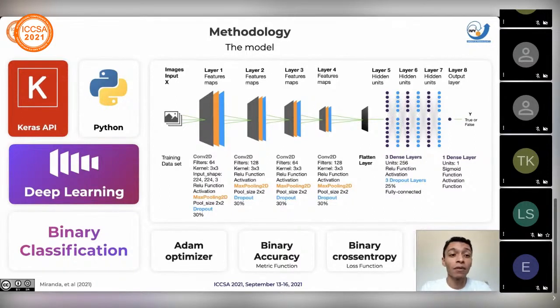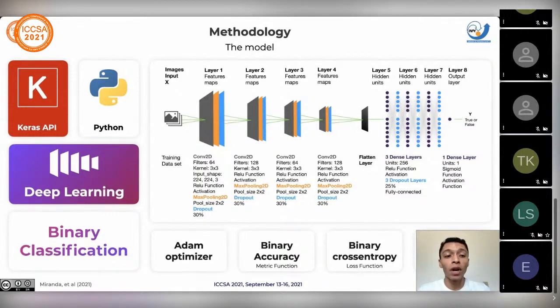In the end, we have 3 fully connected dense layers, each one with 256 neurons, activated by the ReLU function, and 3 dropout layers. The output layer has only 1 neuron, activated by the sigmoid function, which must classify the image as preserved or non-preserved area.